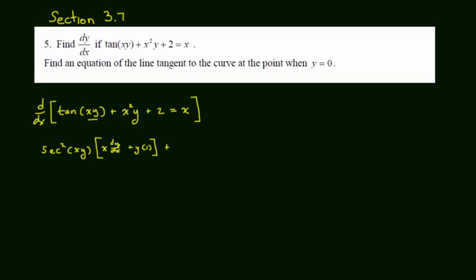Plus, now we're going to do the derivative of this, also using a product rule. First term times the derivative of the second, plus second term times the derivative of the first, and then the derivative of 2 is 0, and then equals the derivative of x, which is 1.